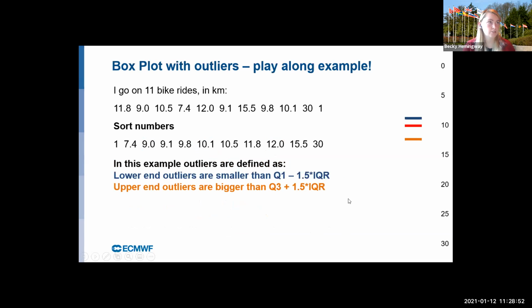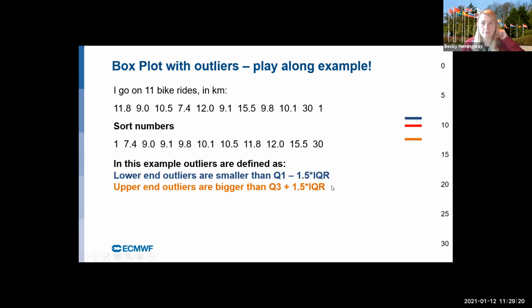So now this is a new concept, outliers. In this example, we're going to define outliers. An outlier on the lower end is smaller than quartile 1 minus 1.5 times the interquartile range. And on the top side, an upper outlier is when it's bigger than quartile 3 plus 1.5 times the interquartile range.